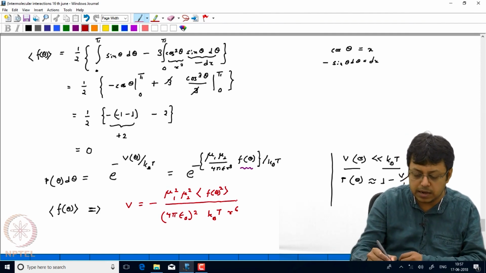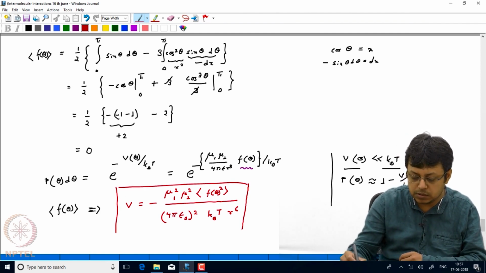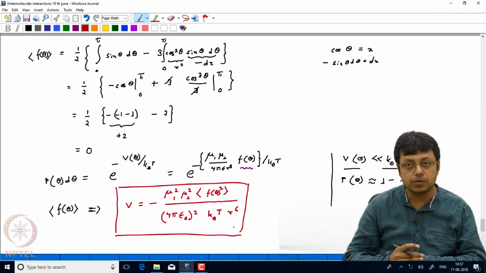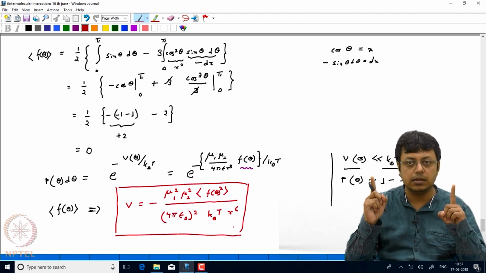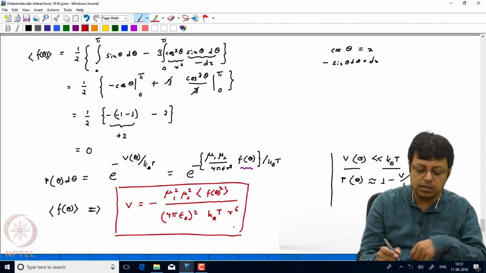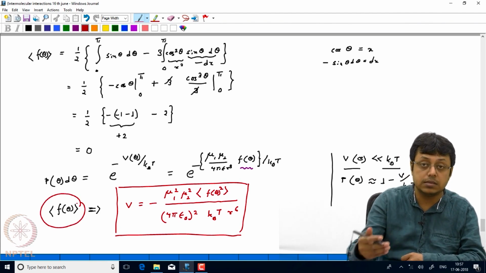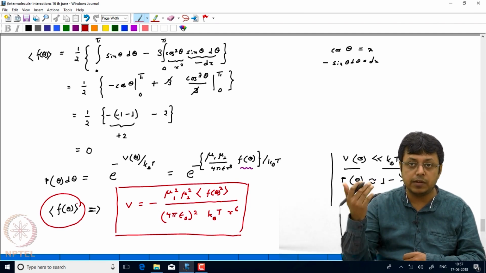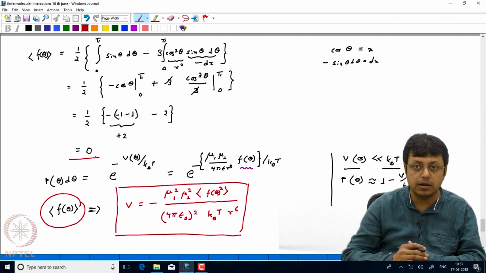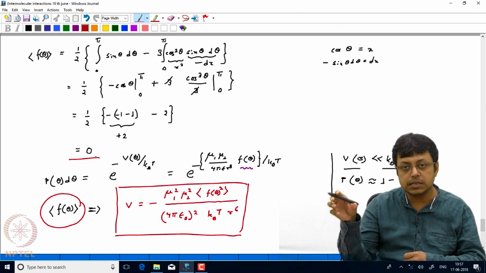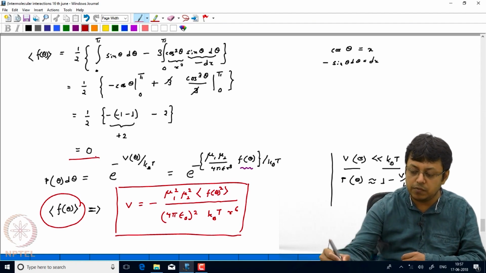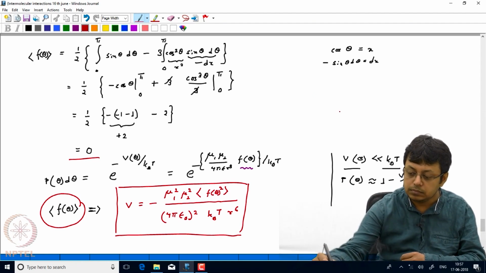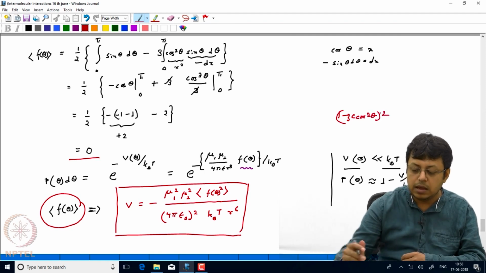Now, there are a few things to look at in this expression. We have mu1 squared and mu2 squared. This comes from the exercise of calculating the average value of f of theta, where you get two averages. One is the average of f of theta, which is already 0, as we figured out, and the second is the average of f of theta squared, which is of course non-zero, which is the averaging of the quantity 1 minus 3 cos squared theta, squared, and that will be non-zero.